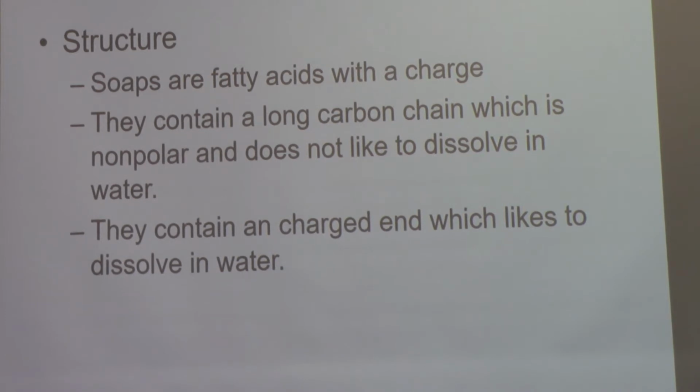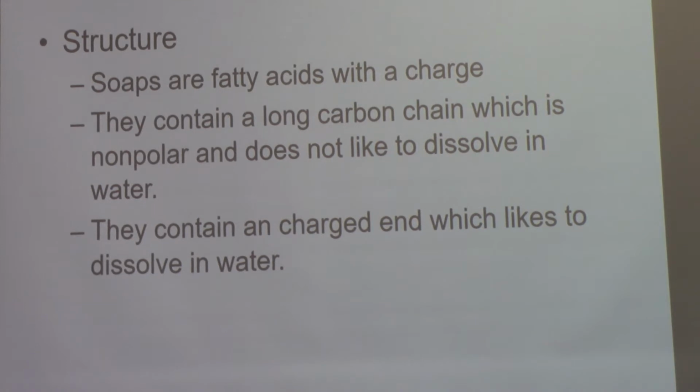When you add the lye to the fatty acid, it turns the fatty acid from being all nonpolar to being partially polar. It makes one end of the molecule, which we call the head, polar, while the rest of the molecule, the tail, stays nonpolar.